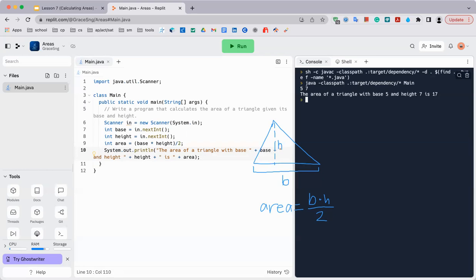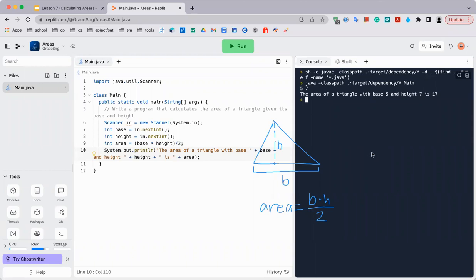So maybe take a few seconds, look at that output, and try and see if you can find what is wrong. Okay, were you able to find the error?